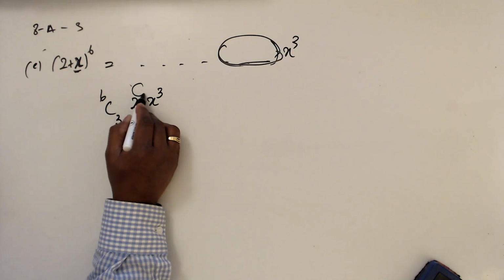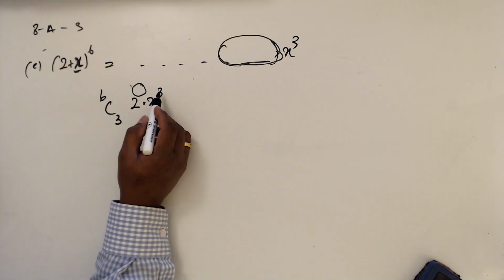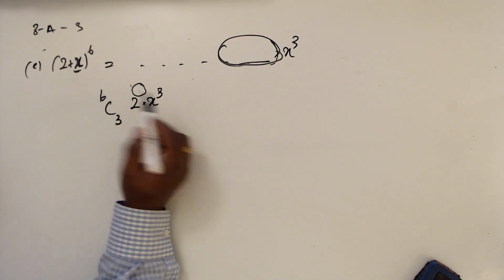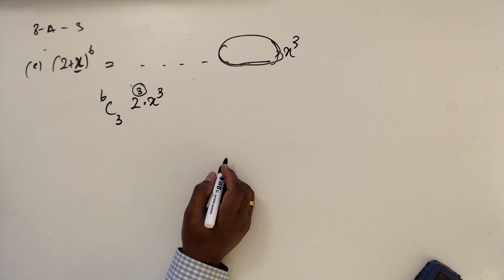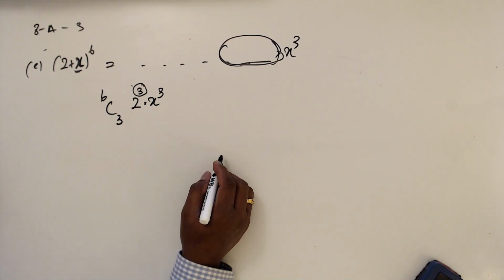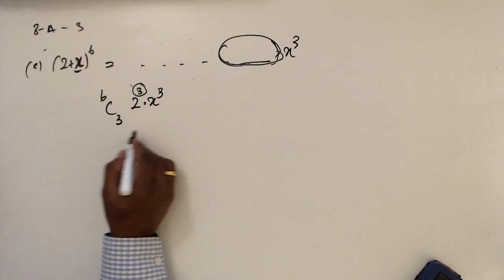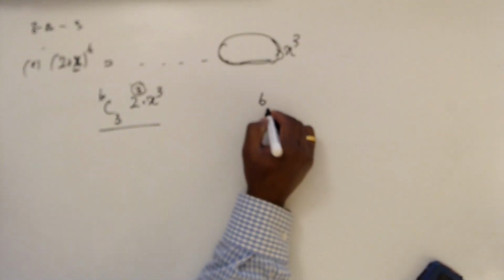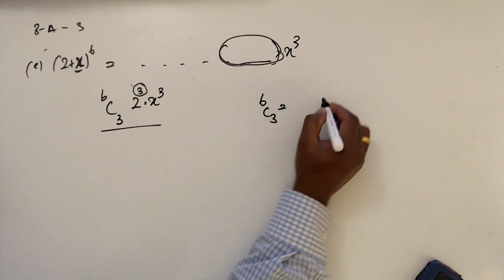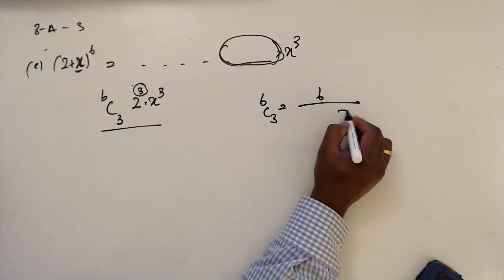So what is the power going to be? When you add those two, you want to get 6. So this has to be 3, 3 plus 3, 6. Now we'll find the coefficient. So what is 6c3? 6 and 3.